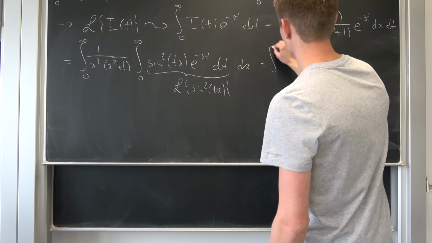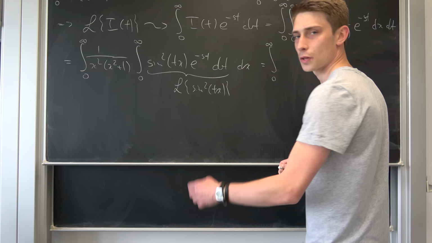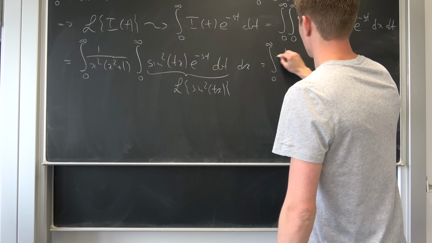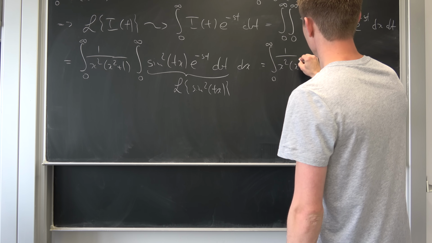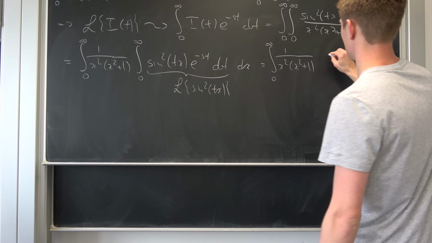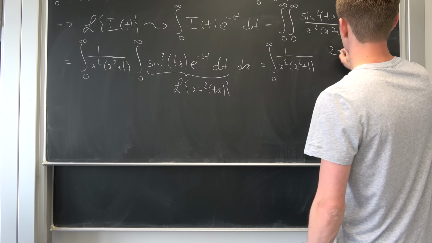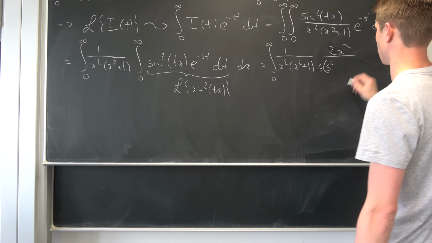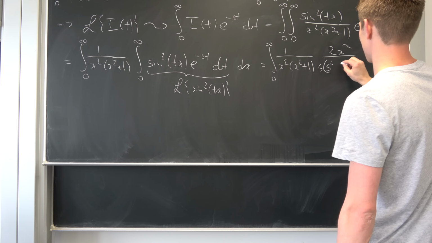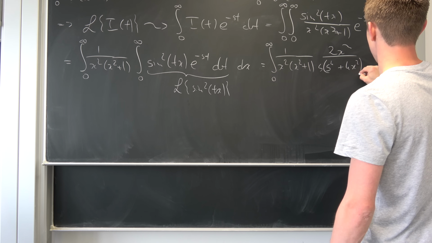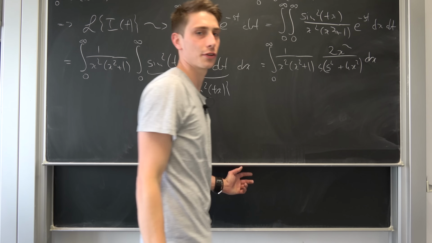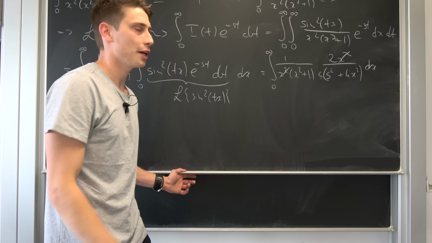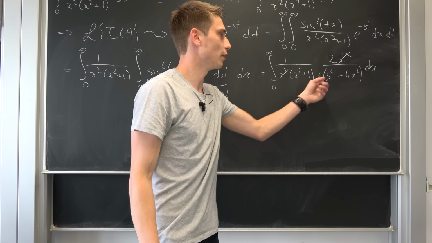So now we have the improper integral from 0 to infinity. Also we know what this is right here, link in the description as always. 1 over x squared plus 1, and also times, up here we have 2x squared over s squared, and the factor of s, don't forget that, and also we have plus 4x squared dx. Quite magically, this and that is going to cancel out, and we can bring a factor of 2 over s to the outside.